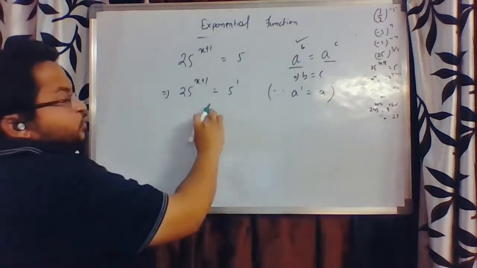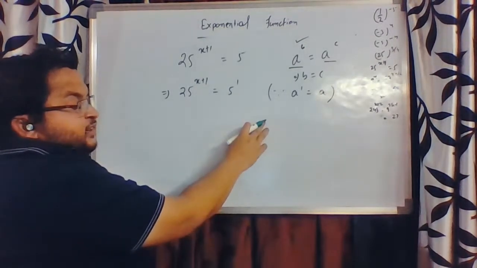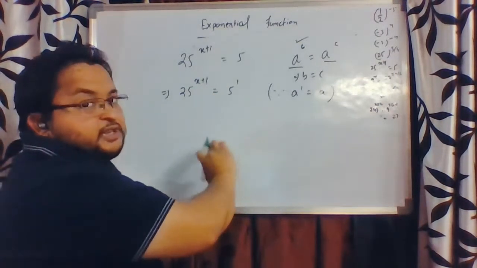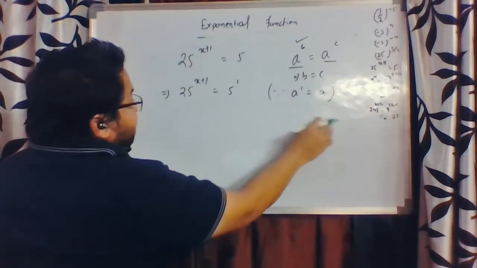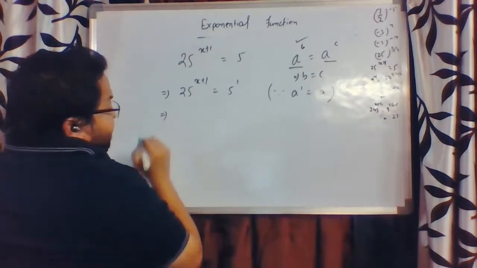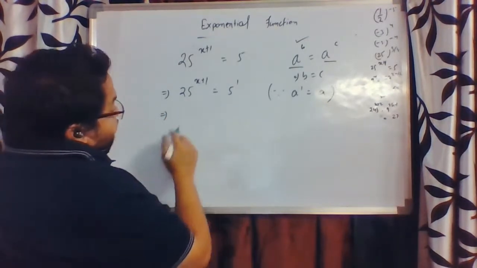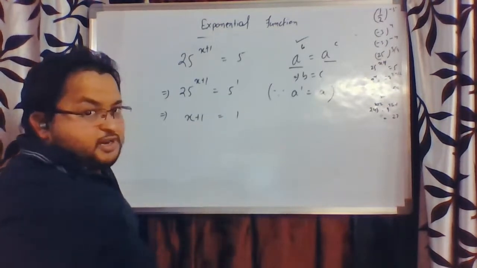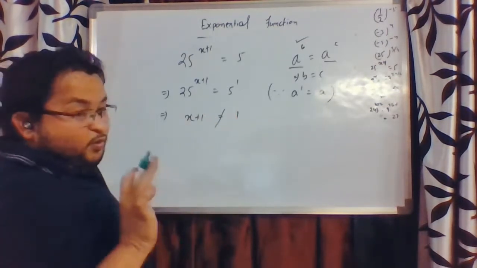So that's why I'm again insisting that let's keep writing the rationale. That would help a lot in the longer run. Okay. Now if we see, can I write x plus 1 equals 1, right? Absolutely wrong. Why?